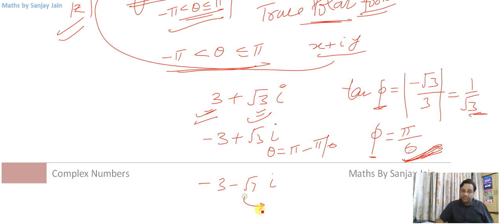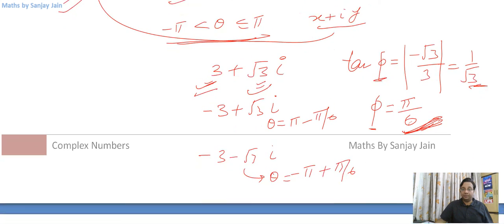So theta will be minus pi plus pi by 6. And if it is in the fourth quadrant, that is a complex number of this type, 3 minus root 3 iota, then it will give me phi equal to pi by 6 because I have the modulus here, right? But theta, the principal value of the argument, will be minus pi by 6.